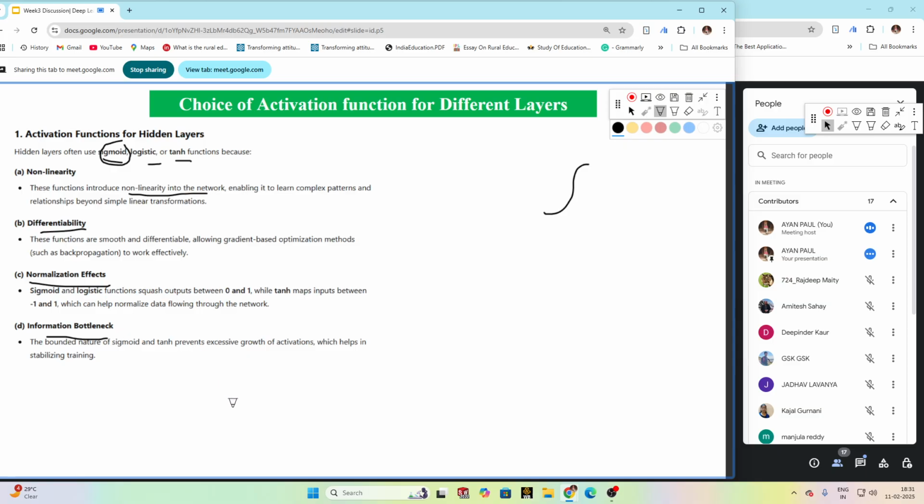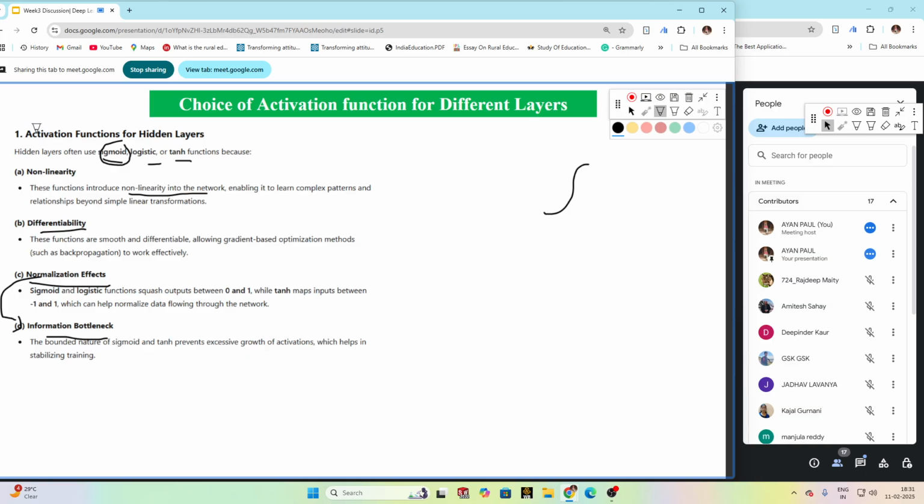The bounded nature of the sigmoid and tanh functions prevents excessive growth of activation, which helps stabilize the training. This is related to the normalizing effect only, because if we use a function that gives bigger output, then we can have problems stabilizing the training. So it is the same point as the normalization effect.